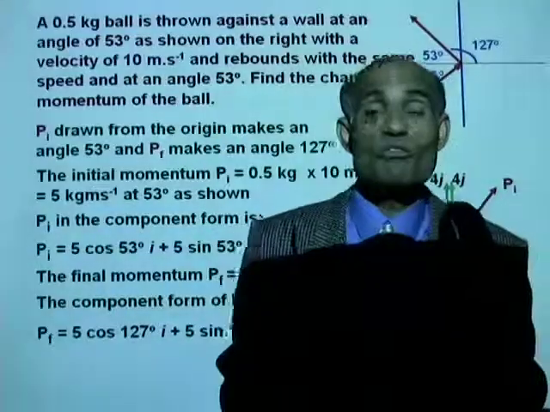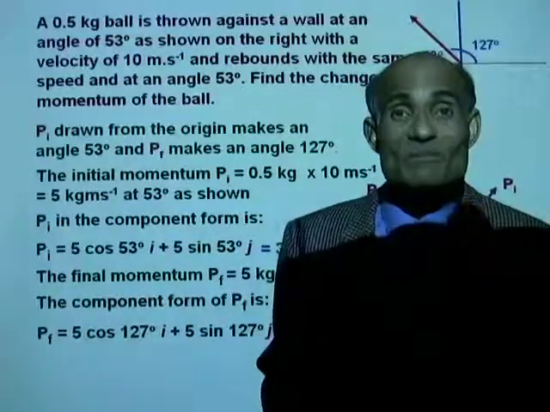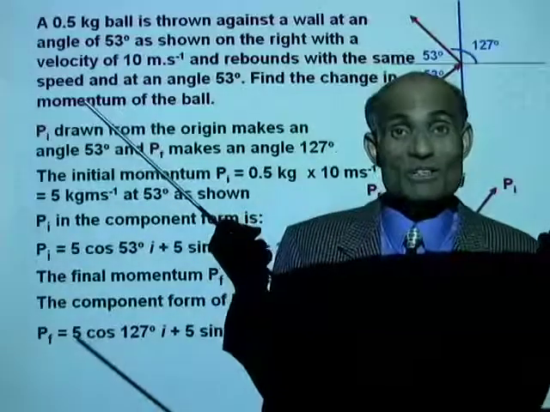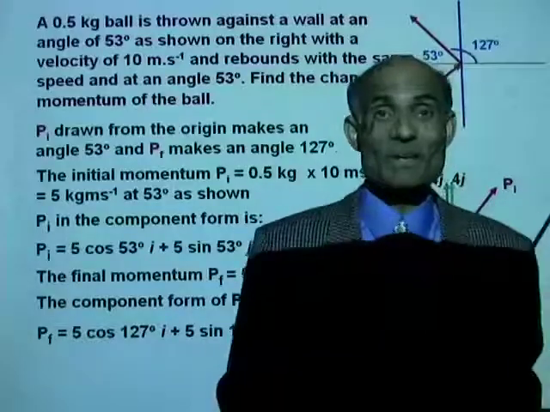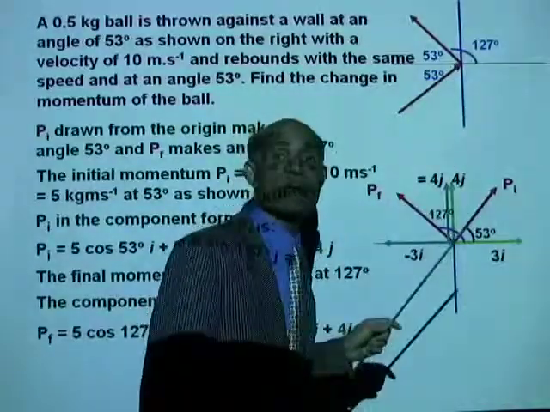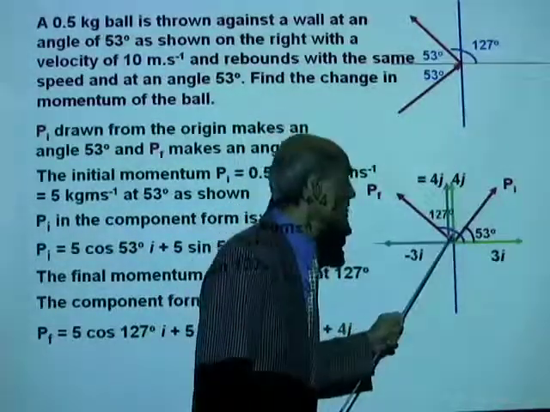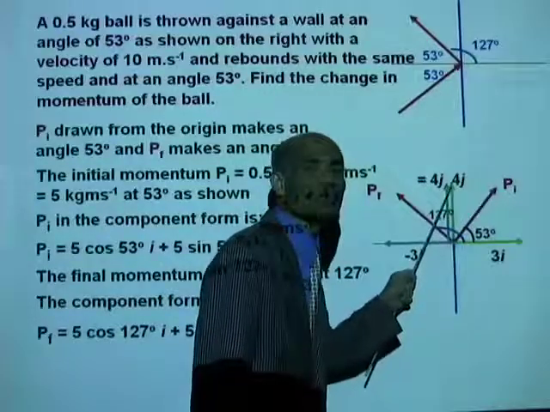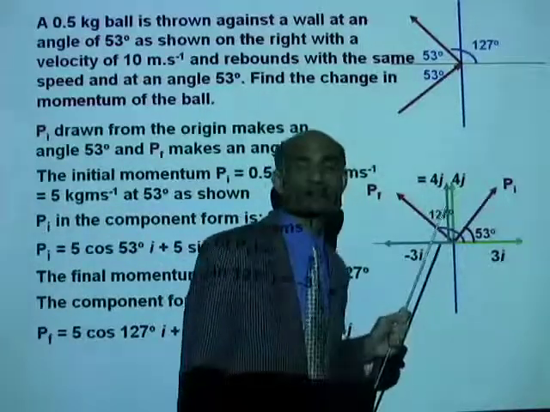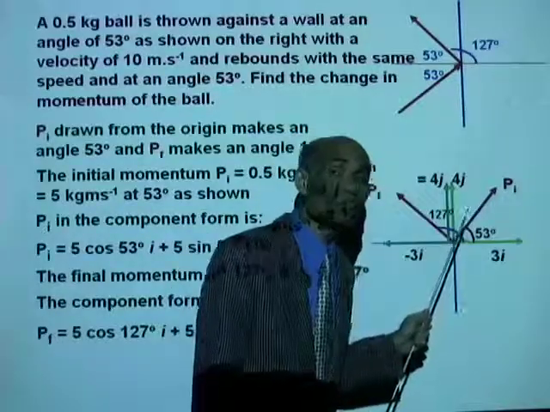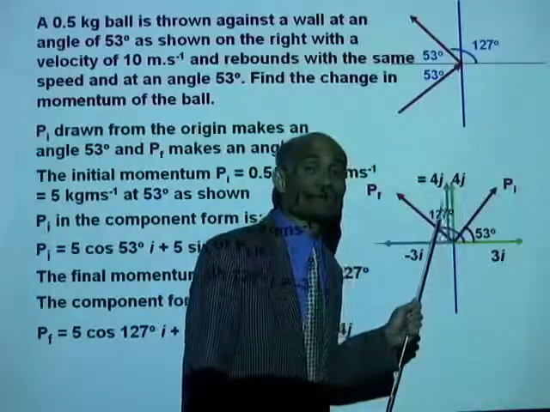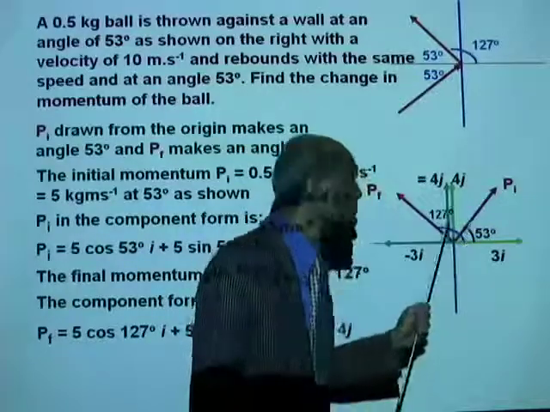Therefore, we can now find the change in momentum along the x direction and the change in momentum along the y direction. Alright, let's see how many of you have been following my argument. Tell me, what is the change in momentum in the y direction? Well, there is no change.